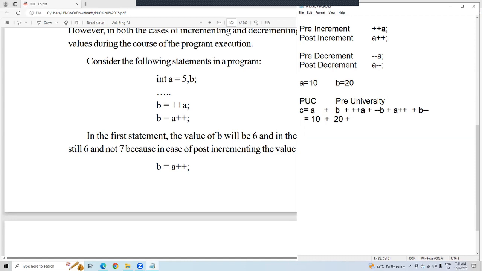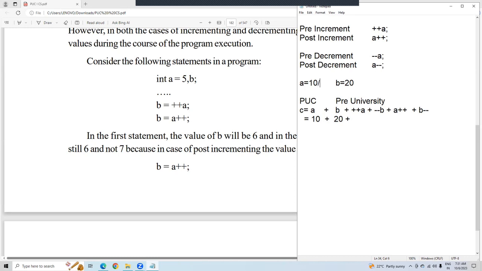If you want to take some education from the university, you have to learn PUC first, pre-university, before university. The same concept will be adopted here. Before I substitute the value of a into the equation, as it is pre-increment, you first have to increase the value of the variable by 1.